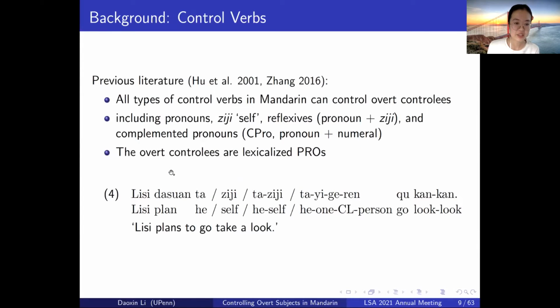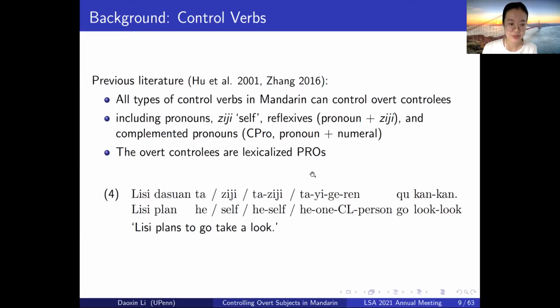Now, previous literature has argued that all types of control verbs in Mandarin can control overt controlees. Those controlees could be pronouns or 自己, meaning 'self', or reflexives, which is a pronoun plus 自己, or complemented pronouns, that's a pronoun plus numeral. So as in 'plan', it can be Lisi plans he, or self, or he-self, or he one person go look.